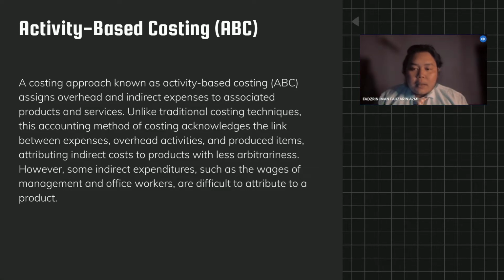Unlike traditional costing techniques, this accounting method acknowledges the link between expenses, overhead activities, and produced items, attributing indirect costs to products with less arbitrariness. However, some indirect expenditures, such as the wages of management and office workers, are difficult to attribute to a product.